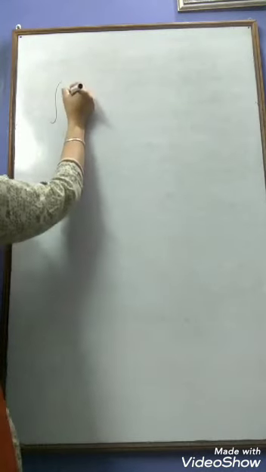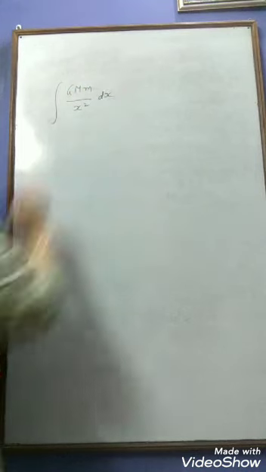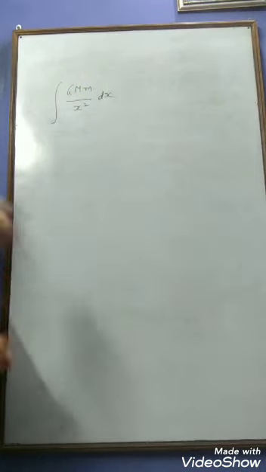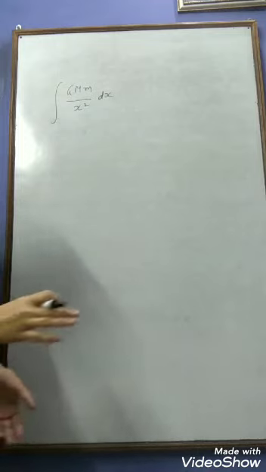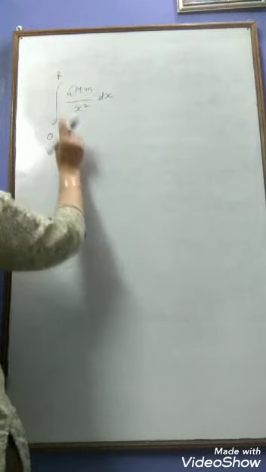Okay, and then we have the last example, which is more important than the indefinite integral: the integral of GMm over x square dx. We use this term so many times in gravitation, and here the limits are infinity to r.